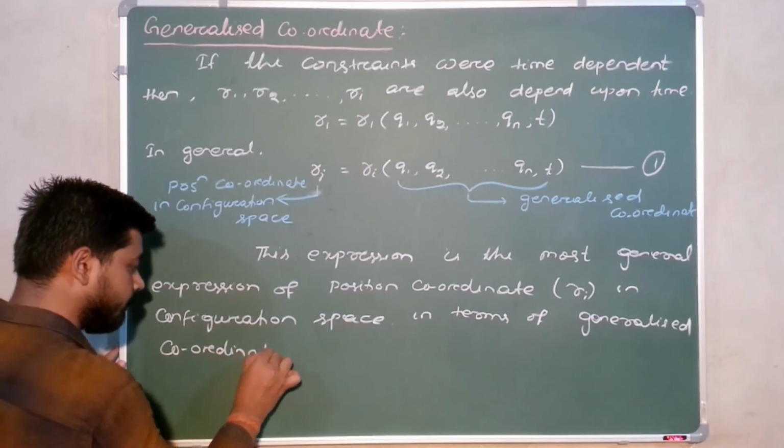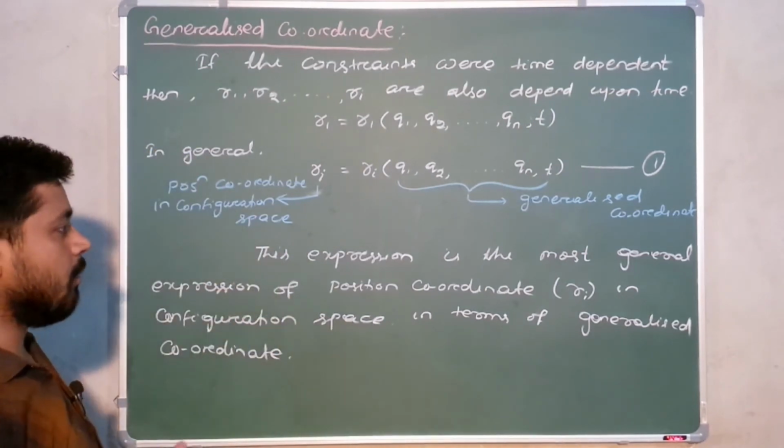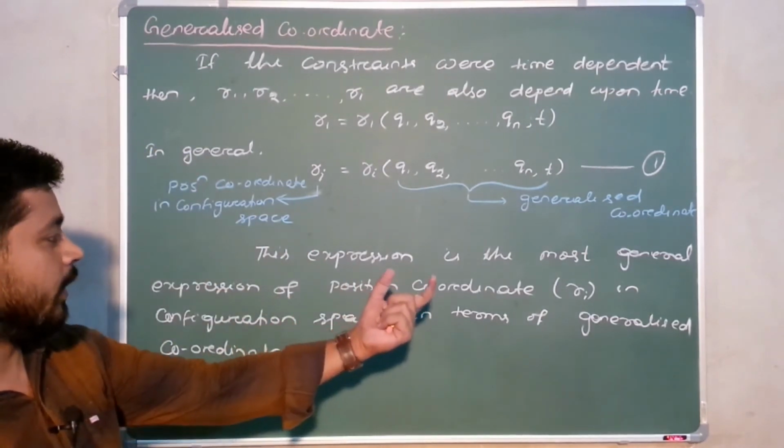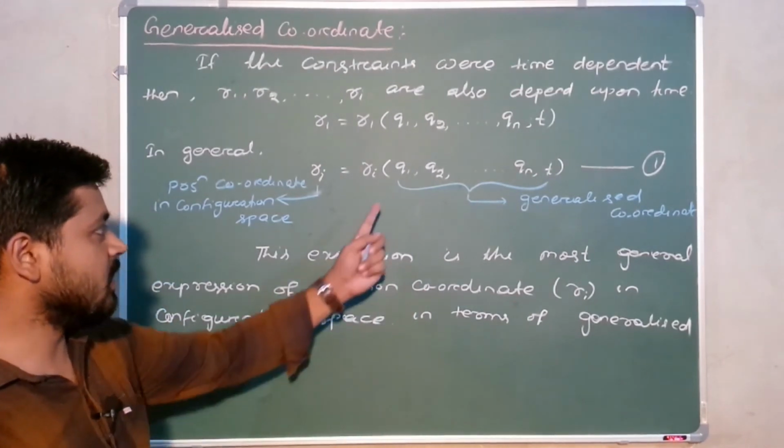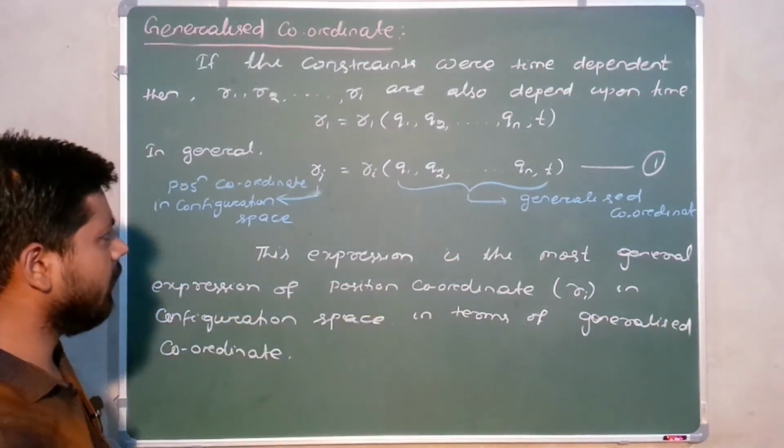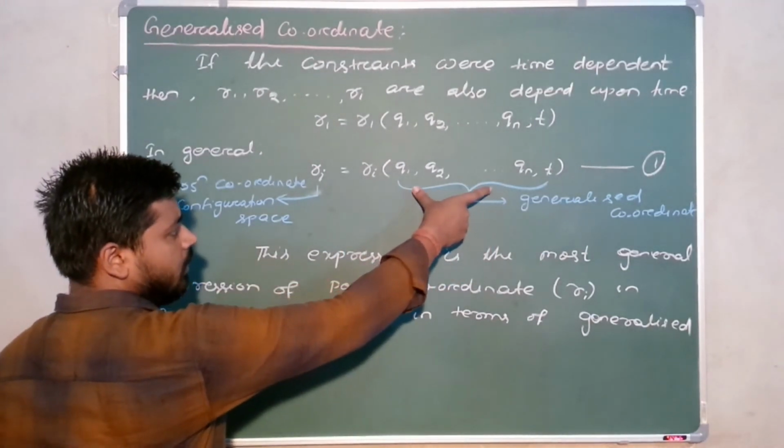Yes or no? This section is the most general expression of position coordinate ri in configuration space in terms of generalized coordinate. This is the generalized coordinate actually.